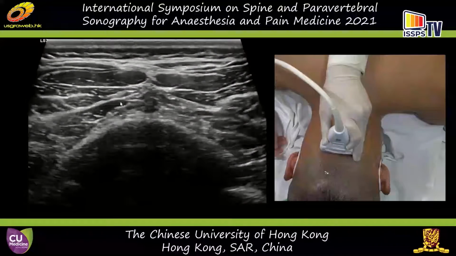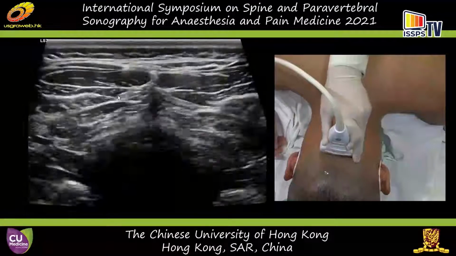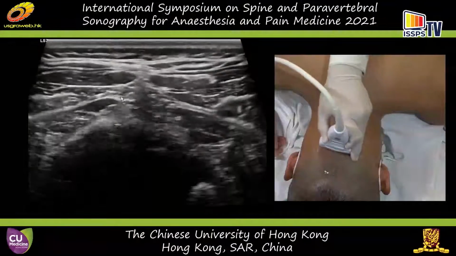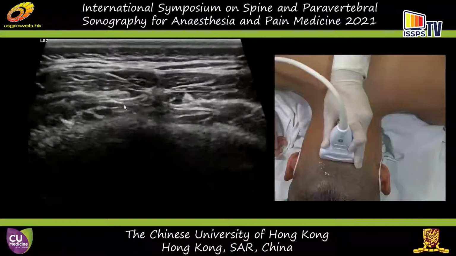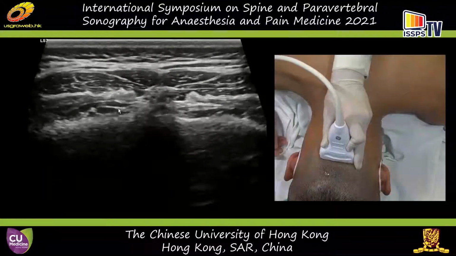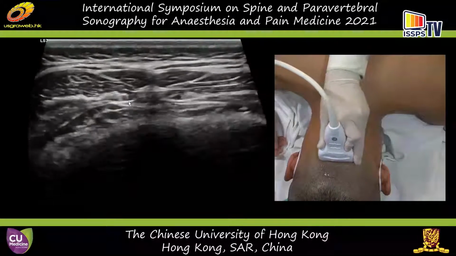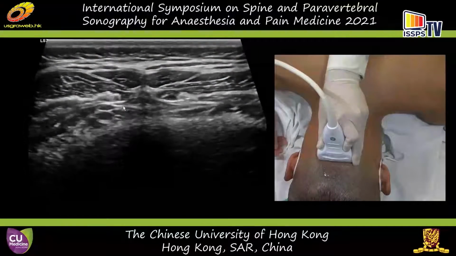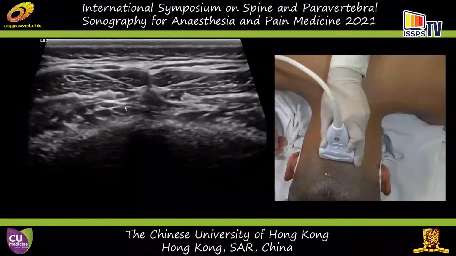And right beneath the semispinalis capitis, you also have another muscle here. The shape of that is not very clearly shown here, but when I turn the transducer 90 degrees, you're going to see better.